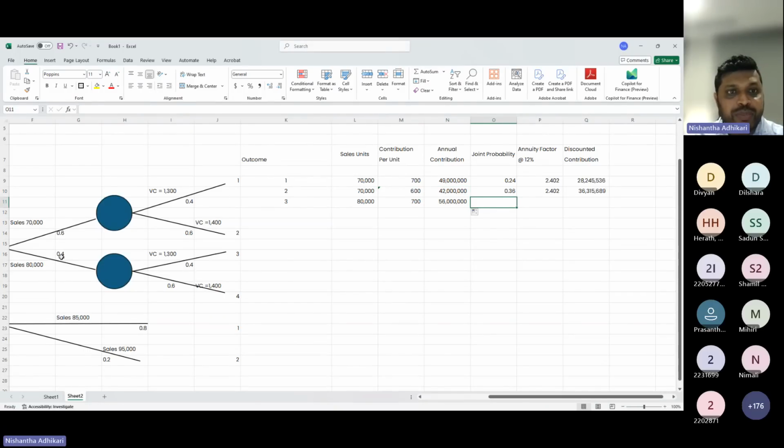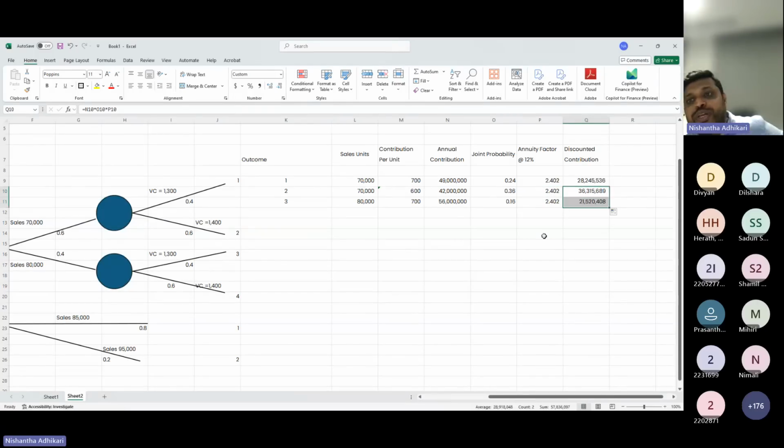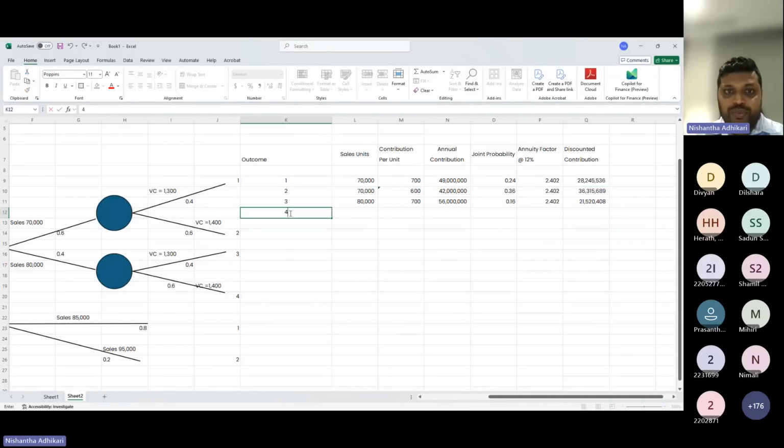Joint probability 40% into 40%, that is 0.4 into 0.4, which is 16%. Annuity factor will remain the same, and you can calculate your discounted cash flow. 21,520. Fourth outcome: 80,000 sales, it won't change.